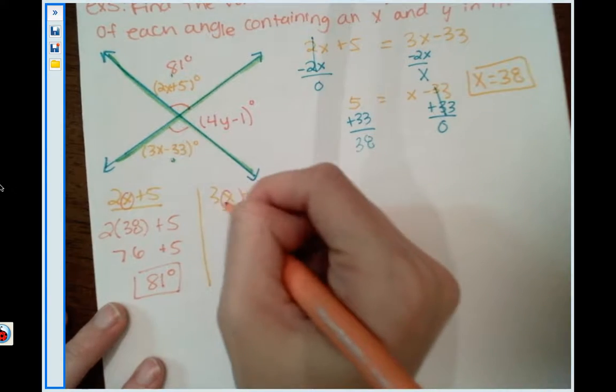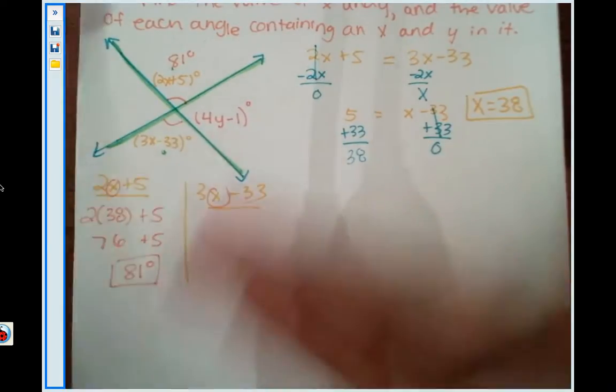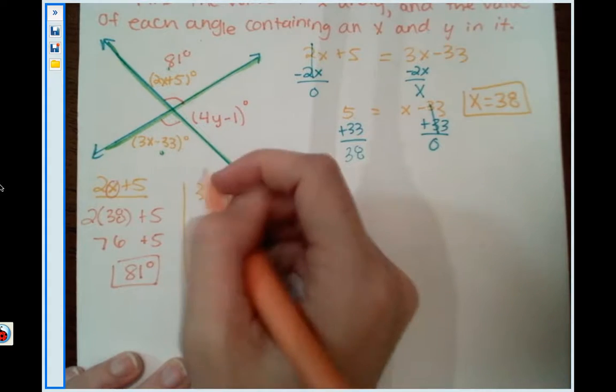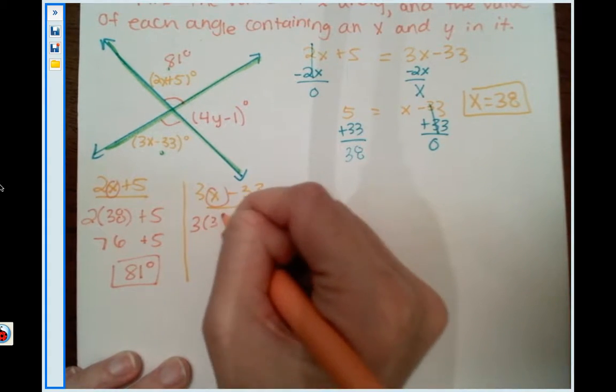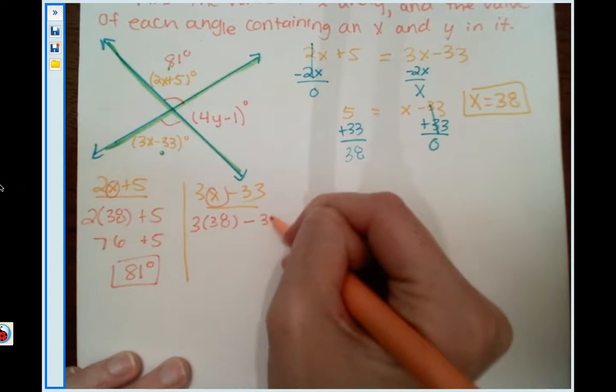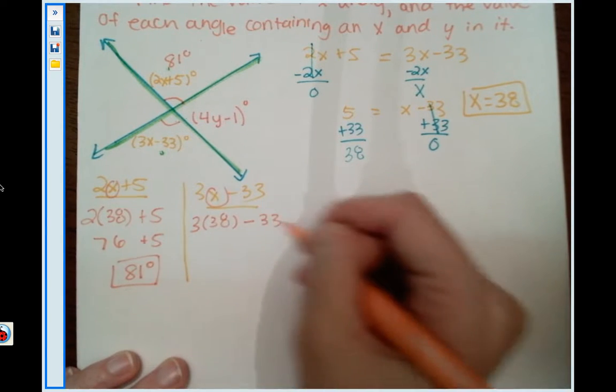Let's see what happens. All right, so my x is going to transform into a 38. So 3, my x is going to change into my 38, minus 33. I'm going to do some scratch work because I don't know 3 times 38 off the top of my head.